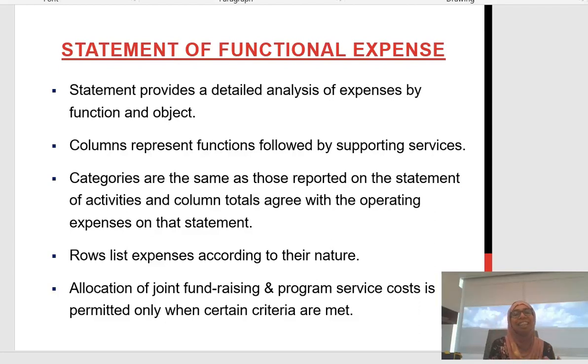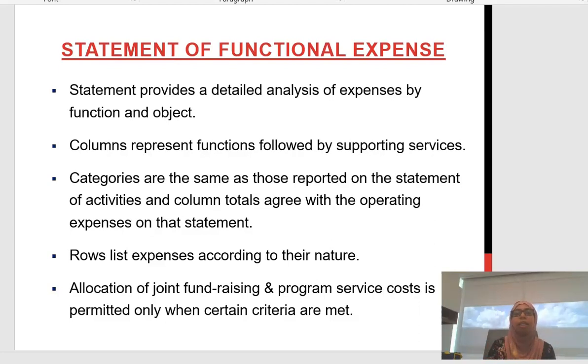So you will see the example in the textbook that they have different columns, and those columns are showing the major categories of expenses. Of course, they will have the 2 major categories, program service expense and supporting service expense. Within those categories, you will also see their subcategories.